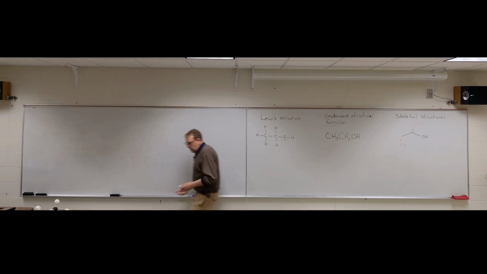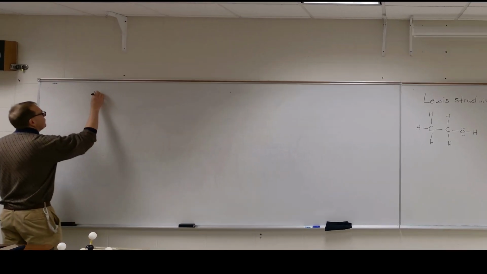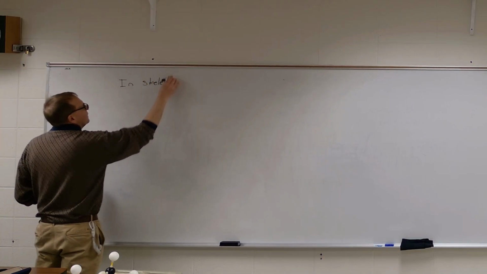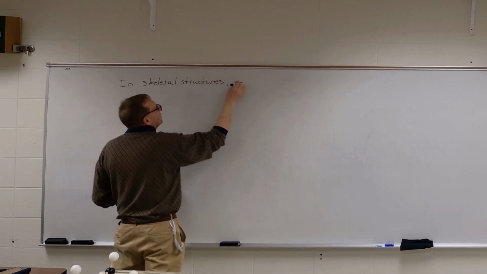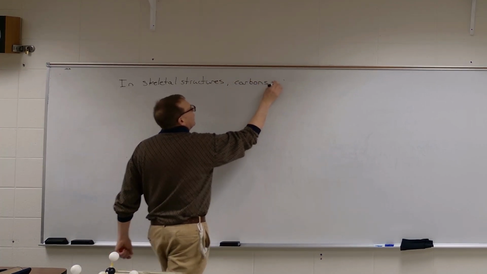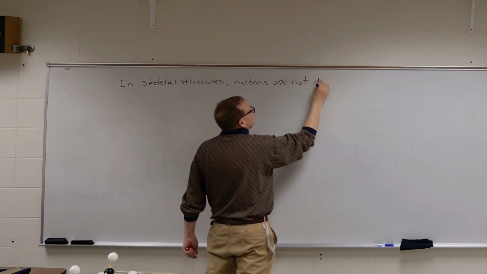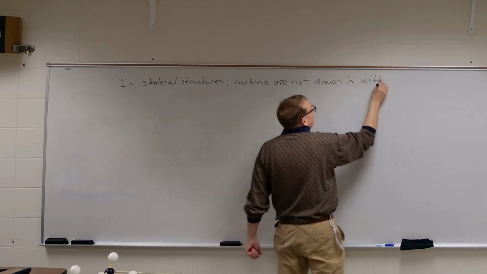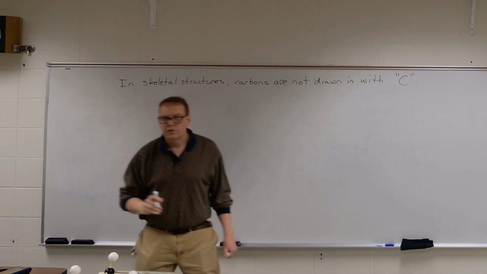And how you can know that is there's some rules that govern skeletal structures, and they go like this. In skeletal structures, carbons are not drawn in with C. So you won't see a capital C in a skeletal structure to indicate that it's carbon.